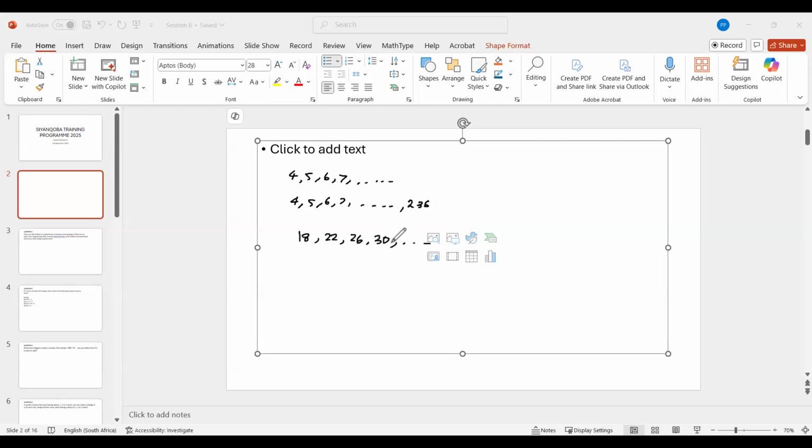And so you will know what the sequence is. Sometimes you can even have a backward sequence. Like if you wrote it down like this, 30, 26, 22, 18. So this is what you call a decreasing sequence. It's getting lower and lower, all right?